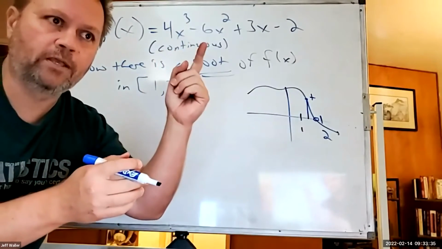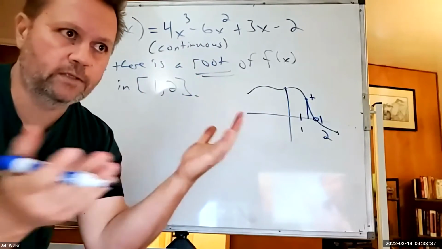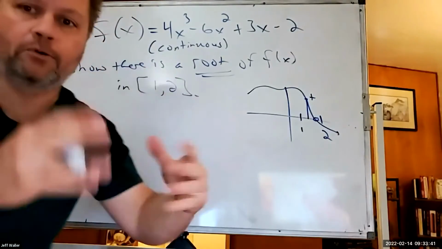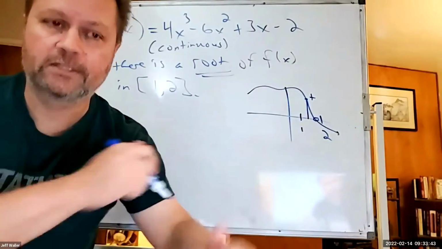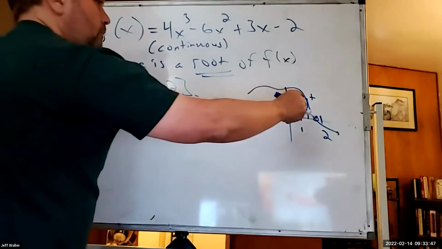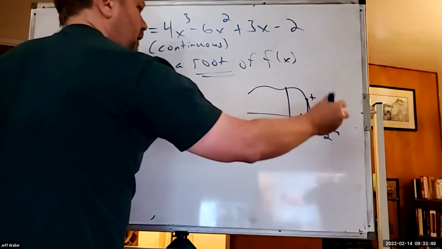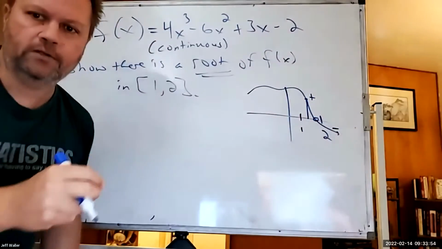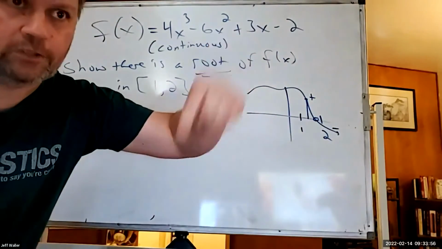So this bad boy is the most well-behaved function. It's a polynomial. Those are beautiful. So it can't suddenly teleport itself, right? It's got to go through everything. Therefore, if it's positive on one side and negative on the other side, there must be a root in the middle. There must be a place it goes through the x-axis.